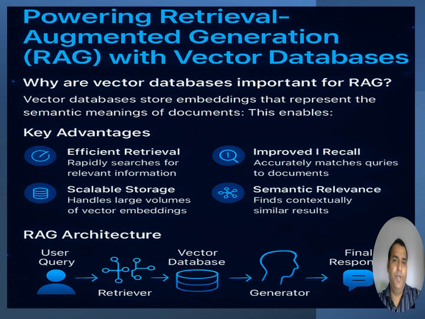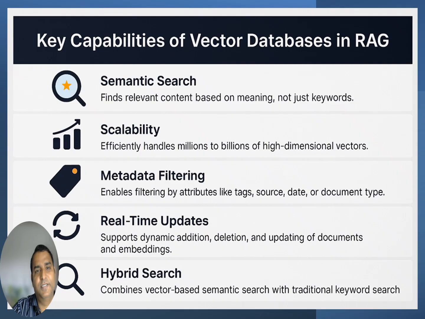Everyone says that the vector database is giving the power to RAG, and it is true, because the whole process, document ingestion and embedding, query embedding, similarity search, context retrieval, and finally augmented generation, comes primarily from the vector database itself.